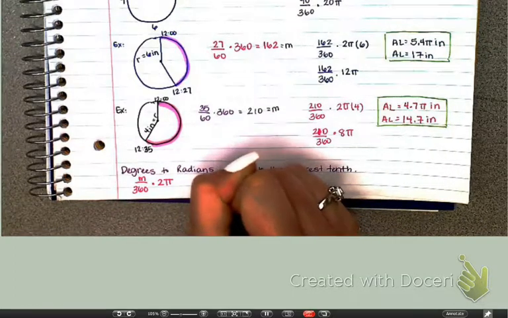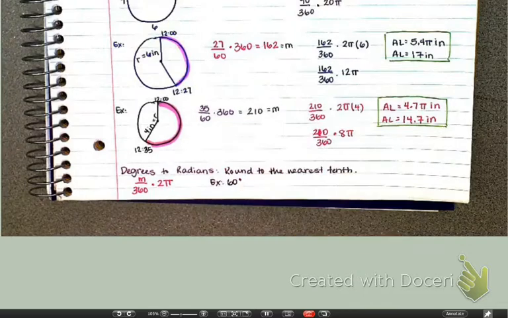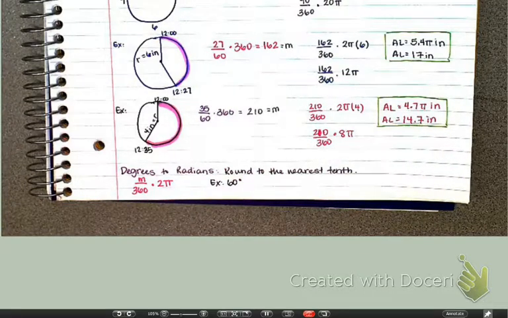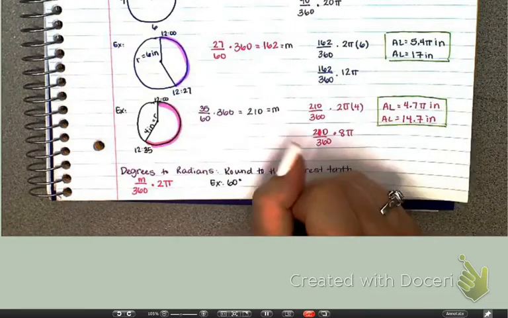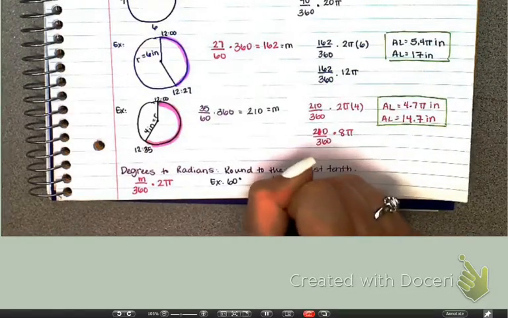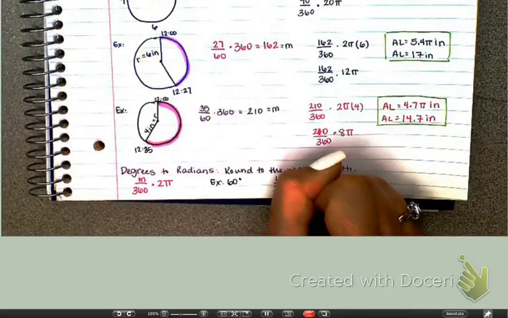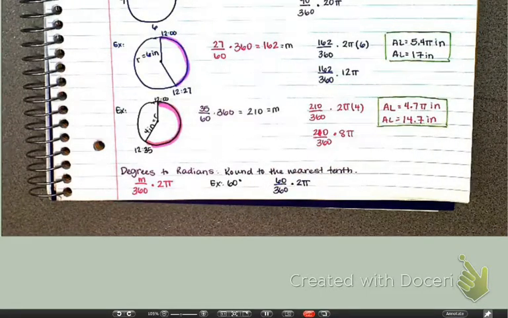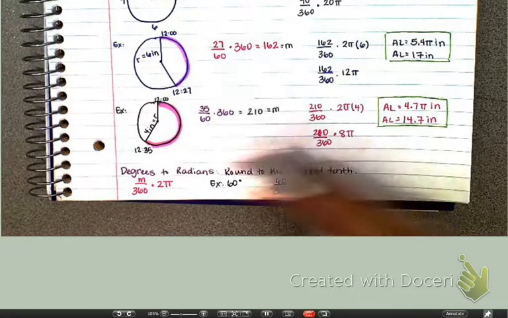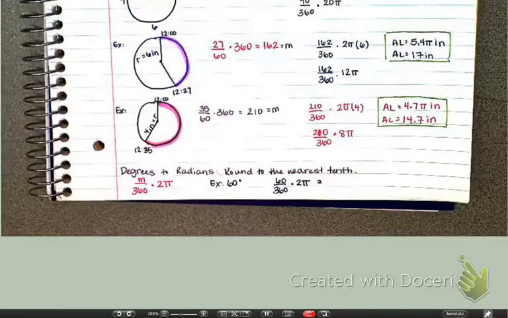So if I tell you the degree is 60 degrees, where do you think you're going to plug that in? For m. So 60 over 360 times 2 pi. It says round to the nearest tenth, so you are plugging that entire thing into your calculator. Everyone take a second and do 60 divided by 360 times 2 pi in your calculator, and tell me what you get, rounded to the nearest tenth.